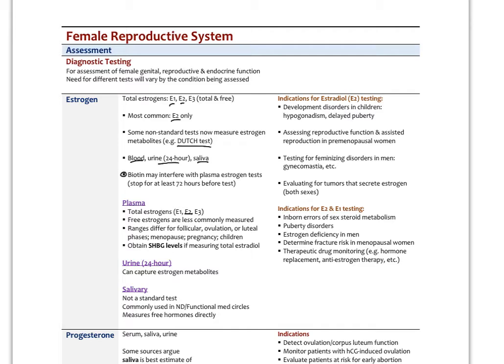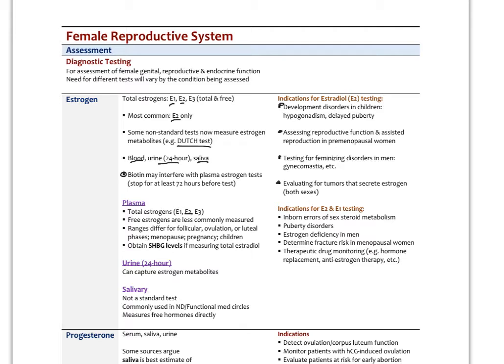And why would we measure estradiol? Well, we would measure that, for example, if we suspected any hypogonadism or developmental disorders in children or delayed puberty, to assess reproductive function and assisted reproduction in premenopausal women, so for infertility, testing for any feminizing disorders in males, like if a male has gynecomastia, and we measure E2 if we suspect any estrogen secreting tumors.